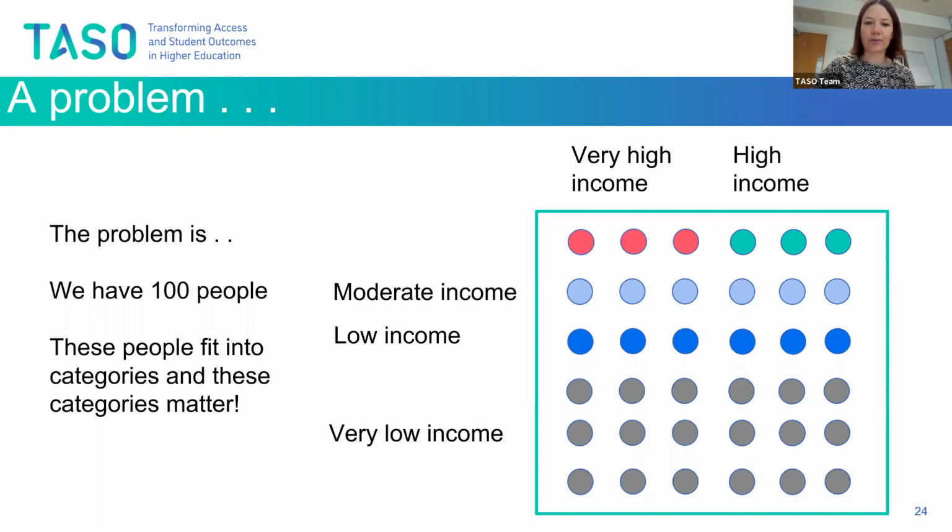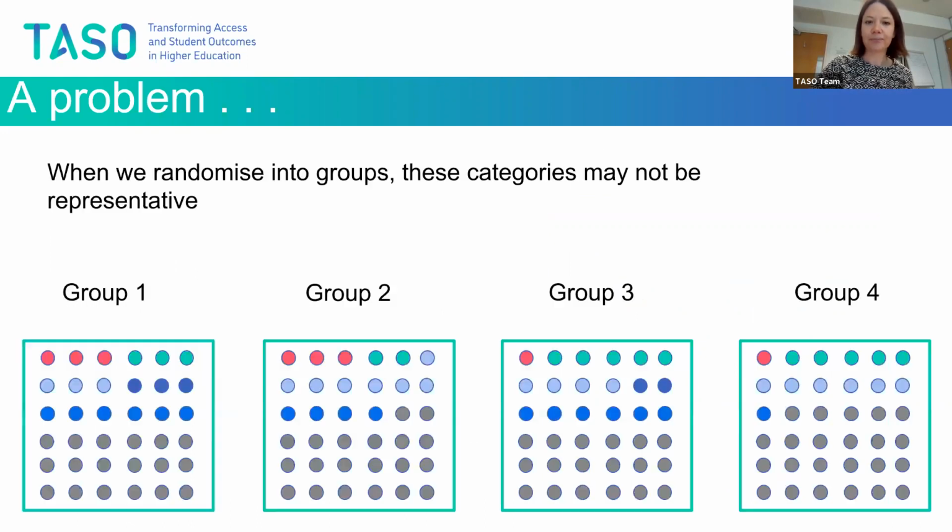On the one end of the spectrum, we've got the very high income earners, these little red dots. And on the other end, we've got what we call the very low income earners, in this example grey dots. We obviously also have 3 categories in between. If we use simple randomization, or what we called true randomization a moment ago, and we allocate 100 people into groups, it is possible that we end up with groups that are not representative of the different categories of income earners.